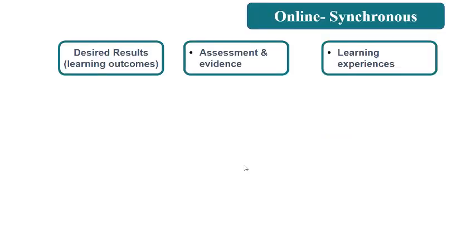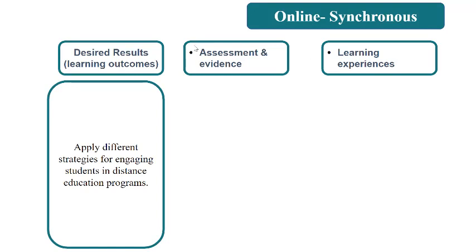And this is an example, a design for a fully online synchronous course. Here I have the alignment of the desired result, or the learning outcomes, with the assessment evidence and with the learning experience. Let's take an example. The desired result for your online course is, for example, to apply different strategies for engaging students in distance education programs.